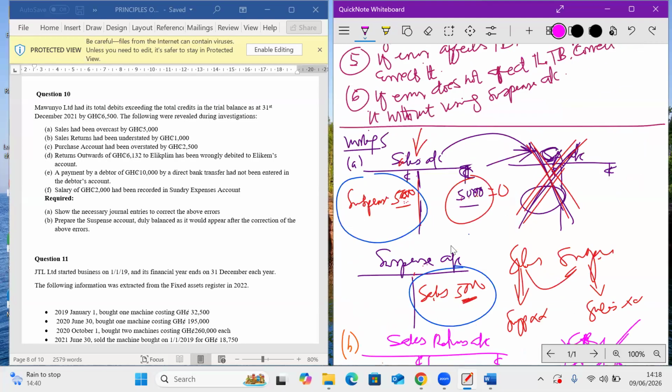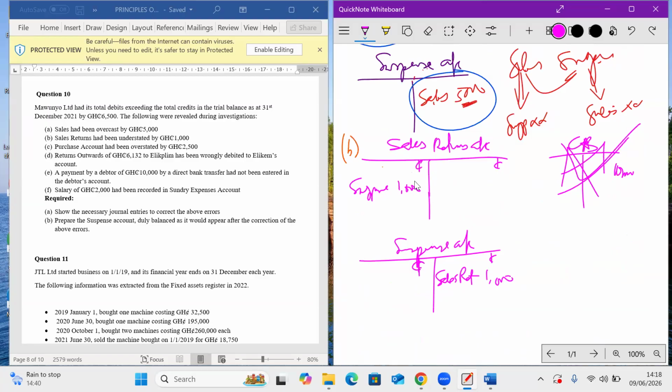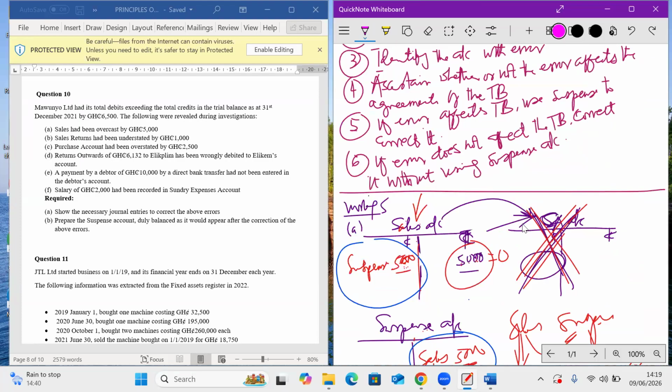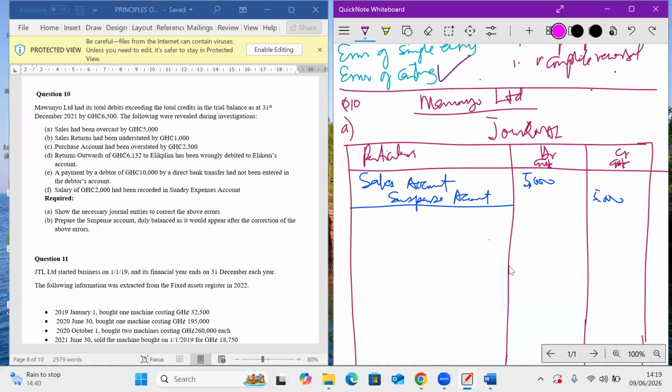Now I go back. The two accounts, I'm going to enter them into the journal. Which one of them has a debit entry first? Sales returns. Sales returns has debit, and suspense has credits, right? Yes. So I go sales returns account, the debit first.